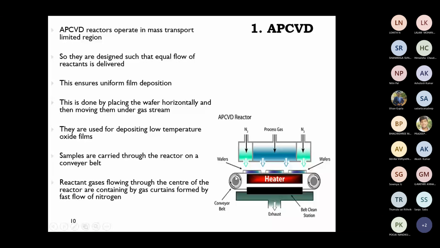The substrate is placed here and moves slowly, and when it comes here, this is the process gas, where the main reaction happens, and there is nitrogen on both sides. Sometimes nitrogen helps in the reaction, and sometimes it creates an inert atmosphere so that degradation is less.